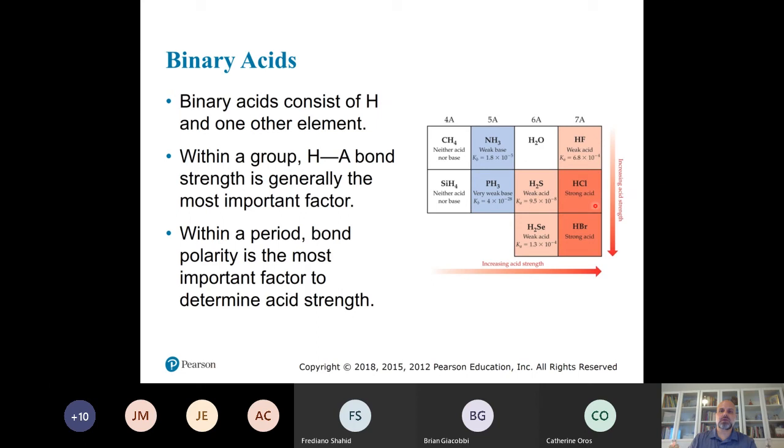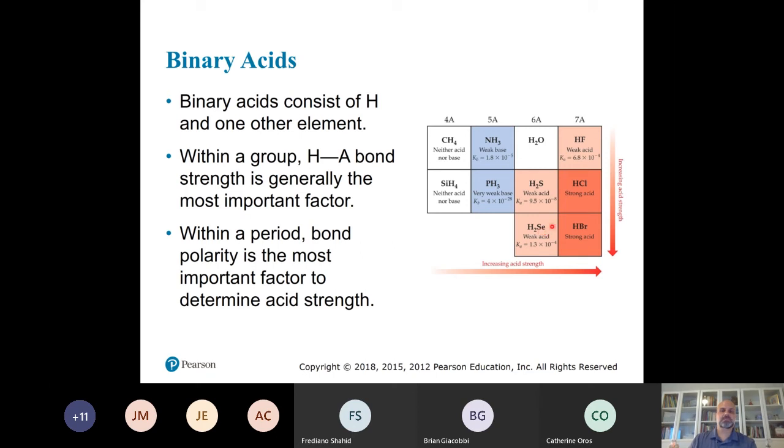Then it works its way down to weaker bonds. The same thing with water versus hydrogen sulfide versus hydrogen selenide. You end up increasing acid strength as you work your way down the periodic table, because the bond strength is decreasing as you go down the periodic table.